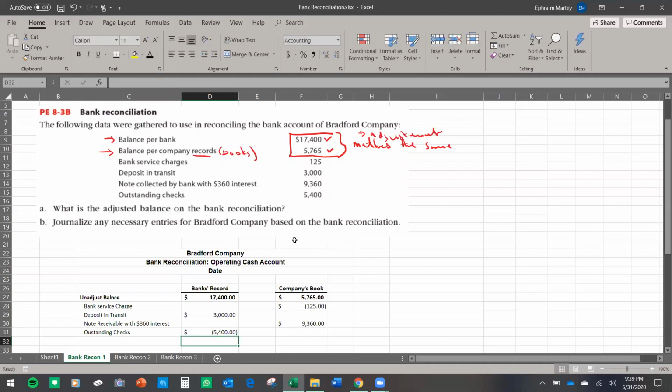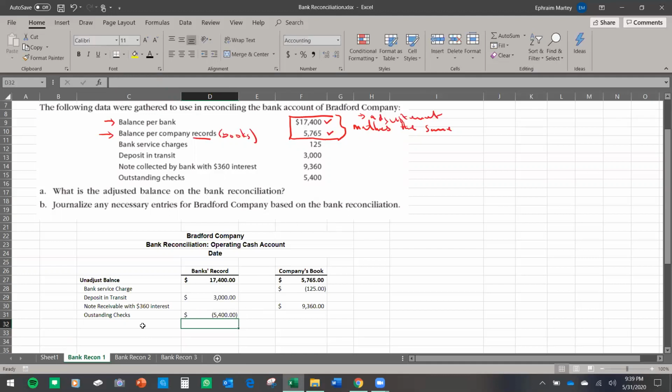So that's negative 5,400. Now we're going to find the adjusted one. We're going to sum up everything here and sum up everything on the company's books, and they should give us the same amount. They should reconcile. So I have my total here. Press enter.